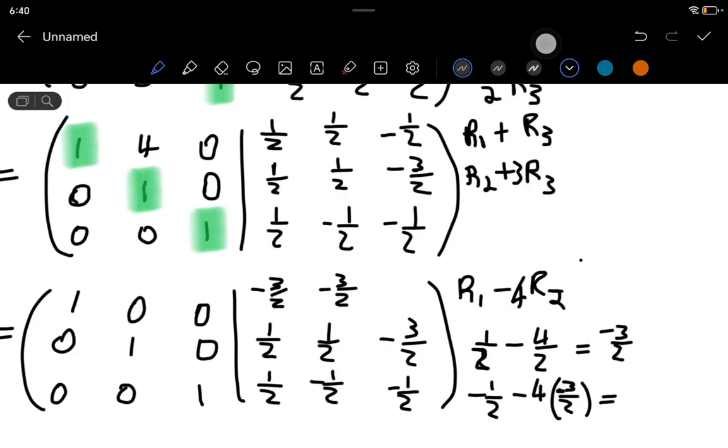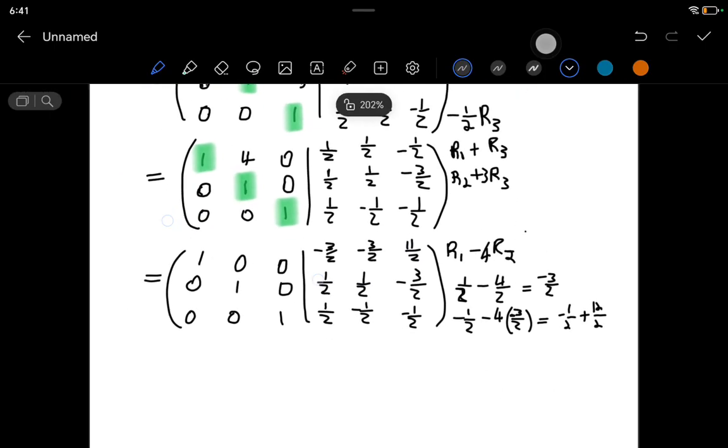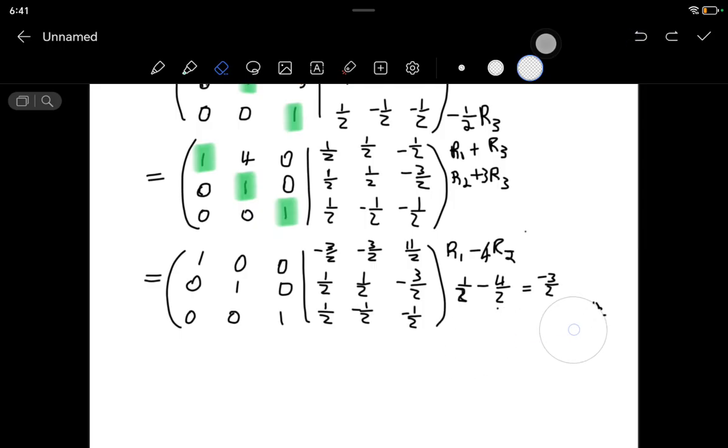So this will become positive, minus 1 over 2 plus 12 over 2. Then this is 11 over 2. Yeah, something like this. (11/2). So this would be the case, right?